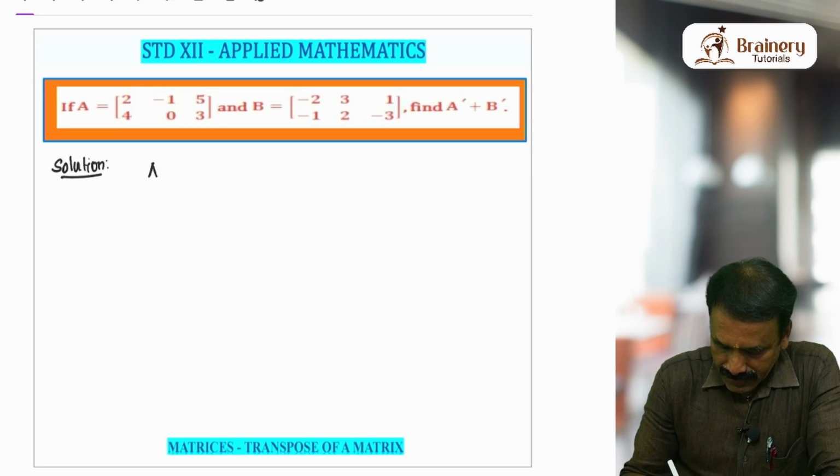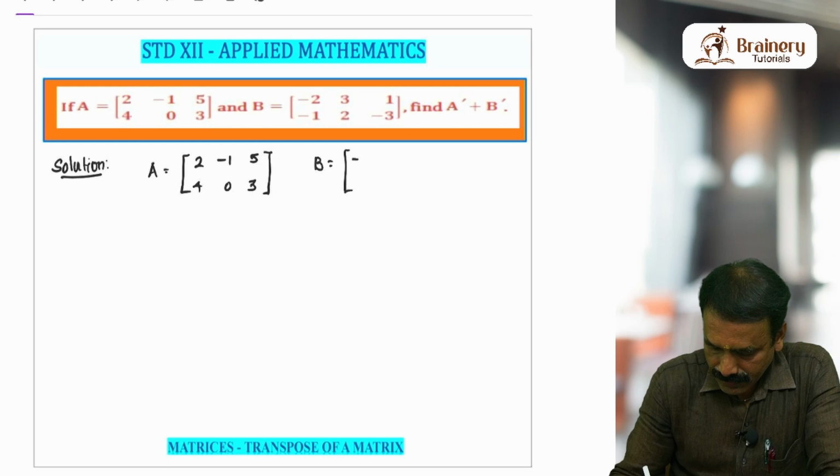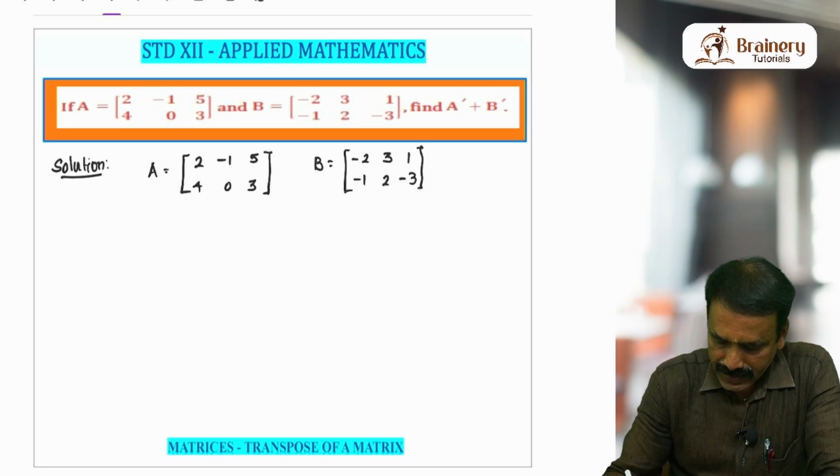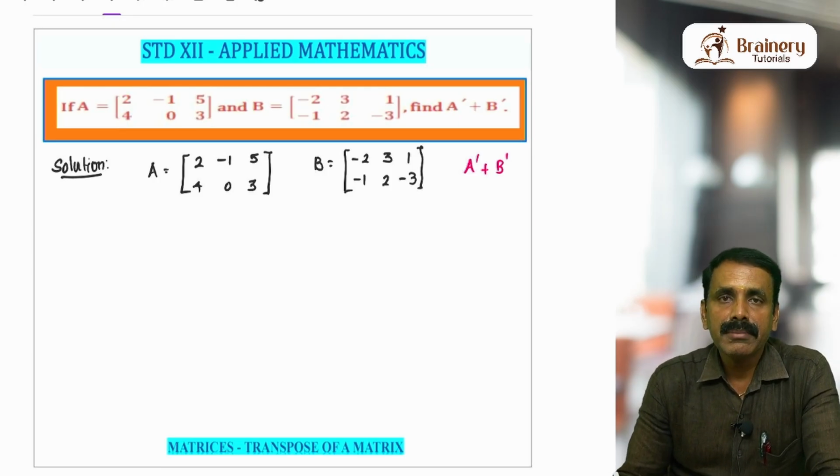A matrix is given, A is equal to 2 minus 1 5, 4 0 3, and B matrix is also given, minus 2 3 1, minus 1 2 minus 3. We are supposed to find A dash plus B dash, that is A transpose plus B transpose.